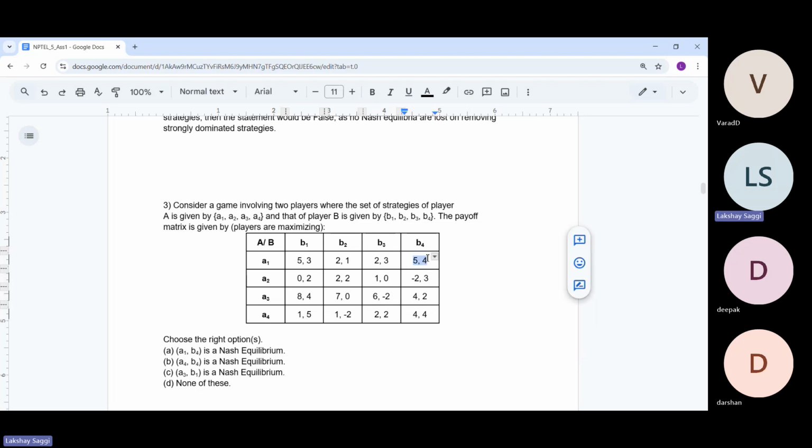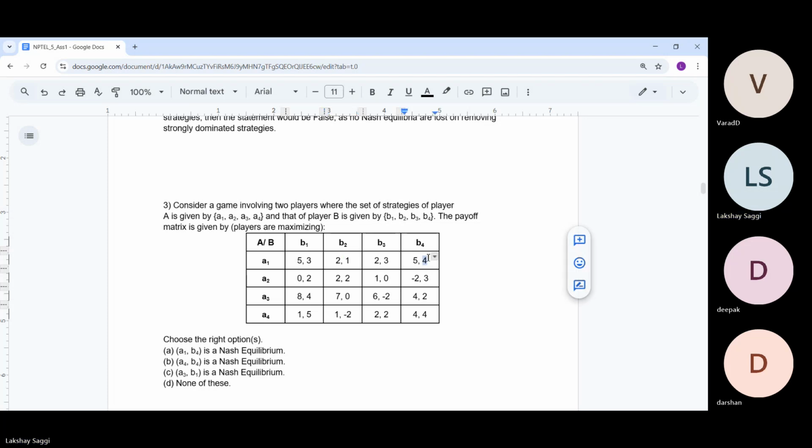But let's see for the column player also, if the column player has an incentive to switch or not. Right now the payoff for the column player is 4. If they switch to B3, then the payoff decreases to 3. So no real incentive to switch to B3. Similarly, switching from B4 to B2, the payoff reduces from 4 to 1. So again, no incentive to switch.